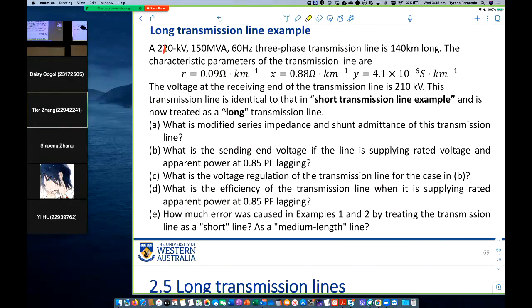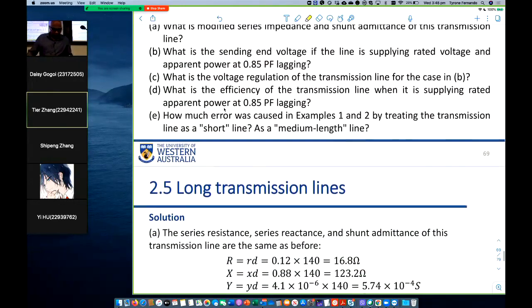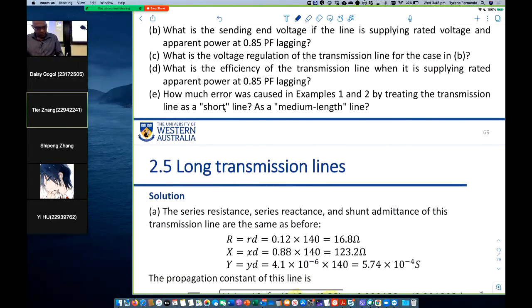Because it's important, let me draw it. We have a long transmission line, so let me draw it like this. This is Z dash, this is Y dash on 2, and this is Y dash on 2.